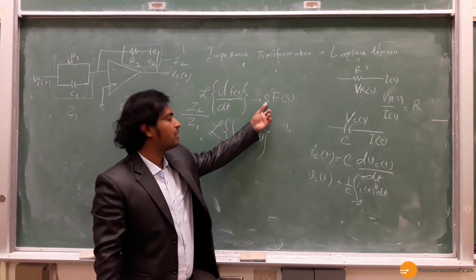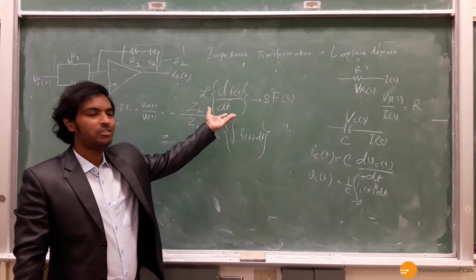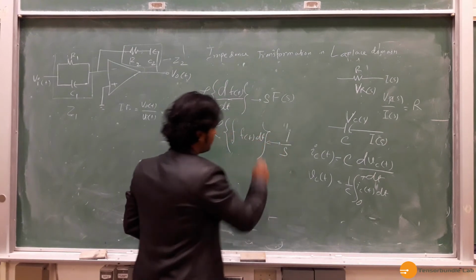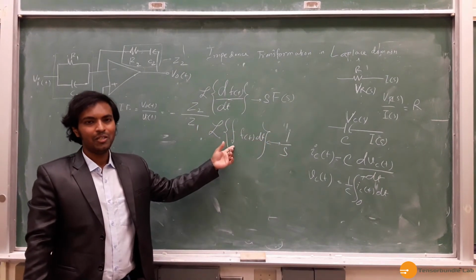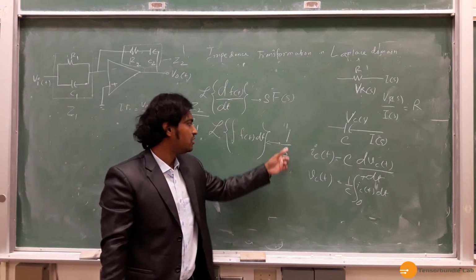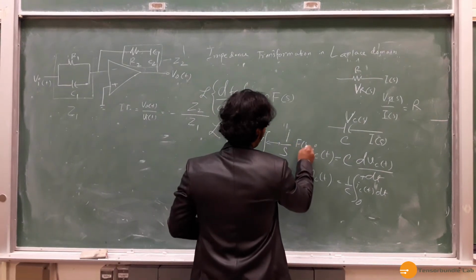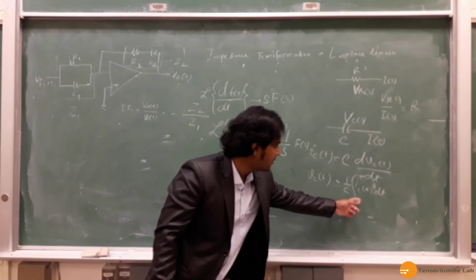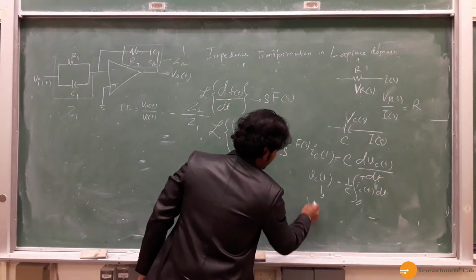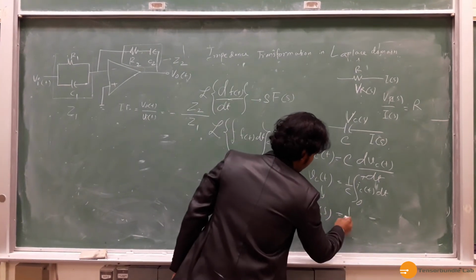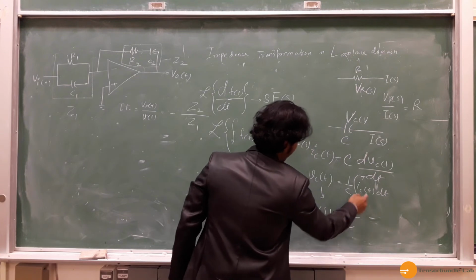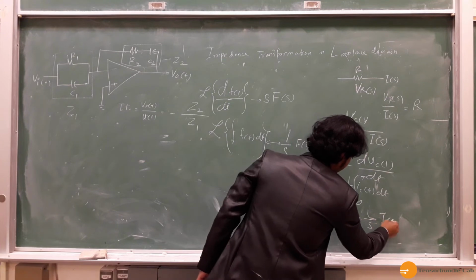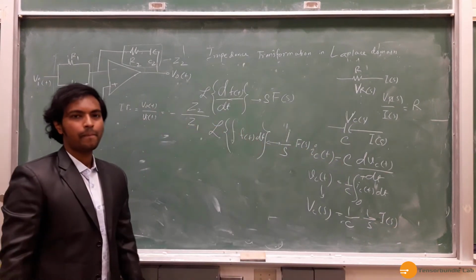It's very simple, just think about it. Differentiation and integration are inverse processes. So that means we have to take 1 over s. Any integration in time domain will be translated into 1 over s multiplied by the function itself, F of s. So if we apply here, then we get V of C(s) equals 1 over C, and that is 1 over s multiplied by I of s, right?